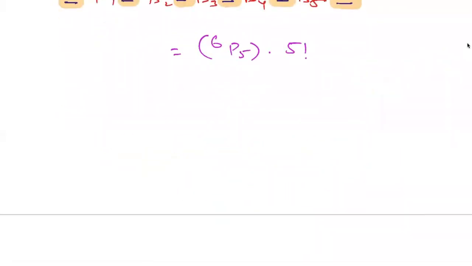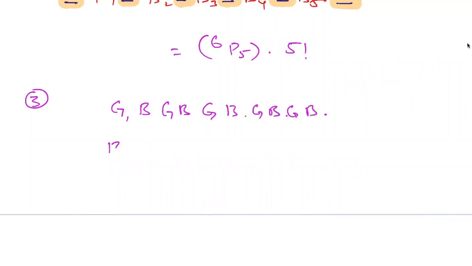But third question, intentionally I have given this alternatively. Why? Because alternatively is the case when you have to start with girl, boy, girl, boy, girl, boy, girl, boy, or boy, girl, boy, girl, boy, girl.